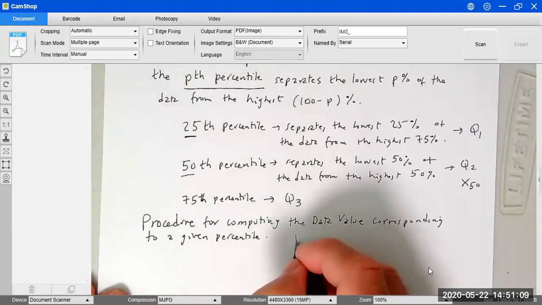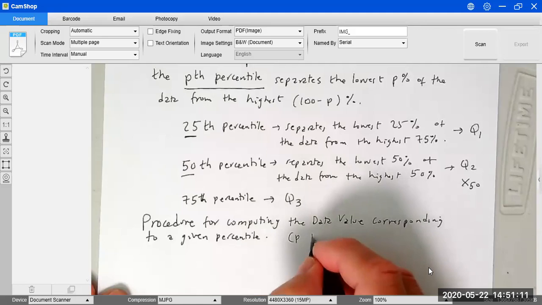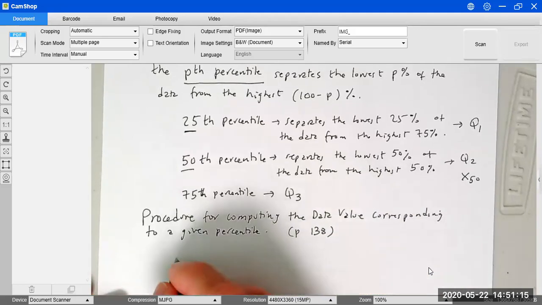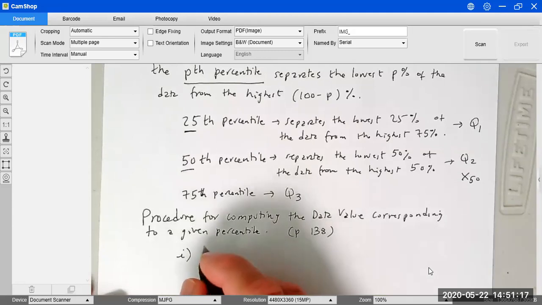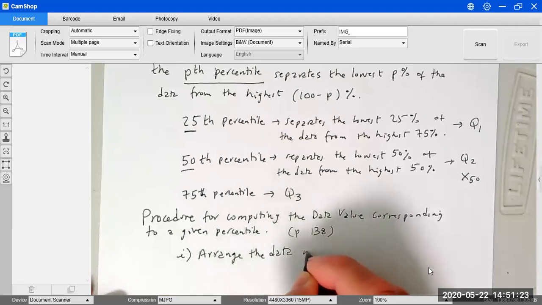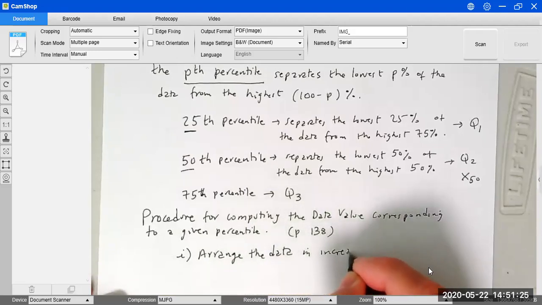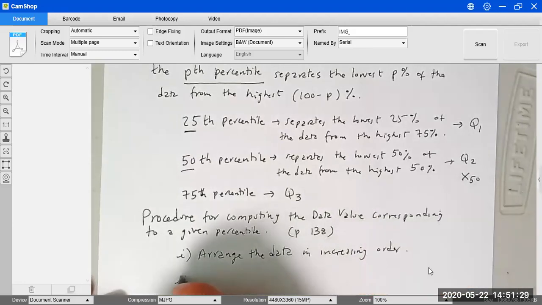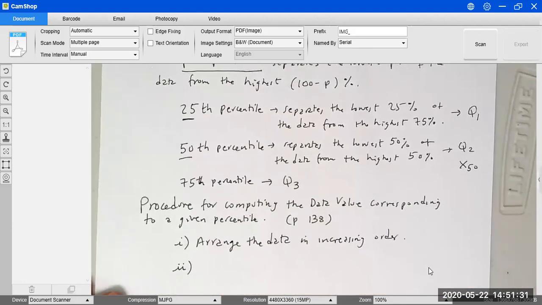So this is on page 138. So what are the steps? They are the same as before. We're going to arrange the data in increasing order.